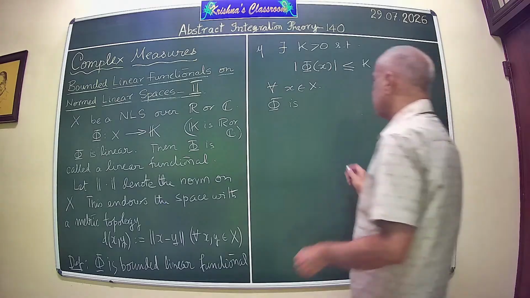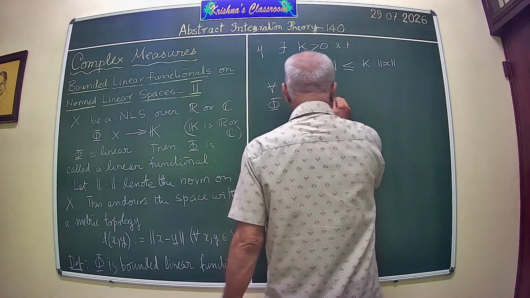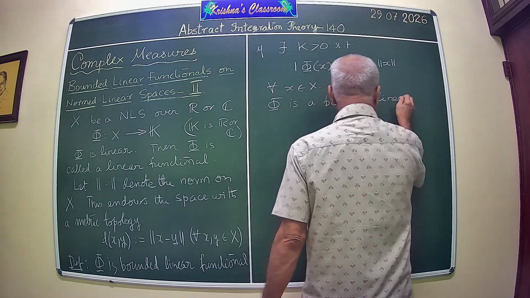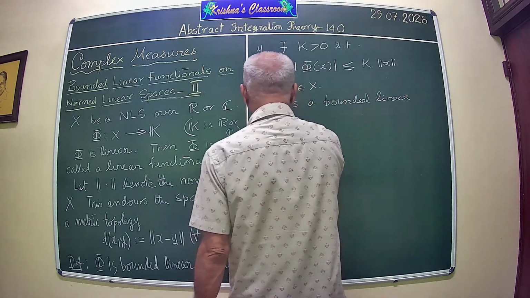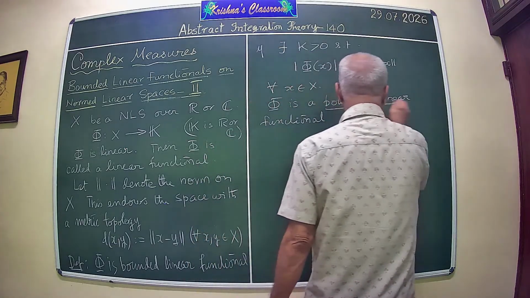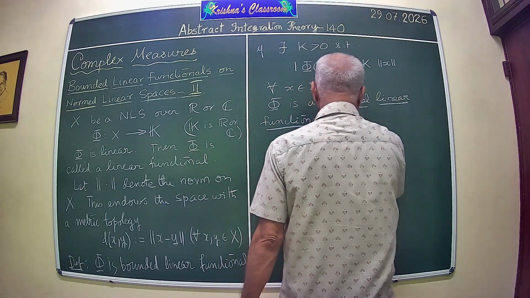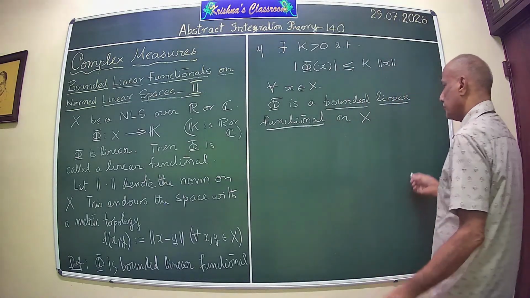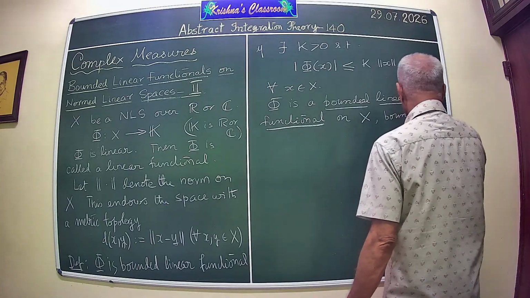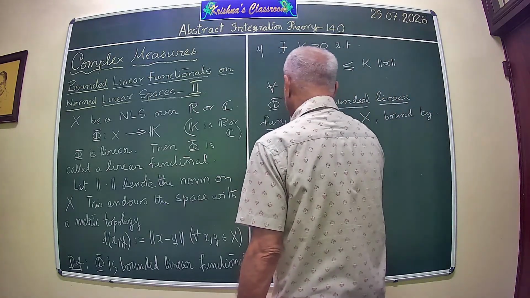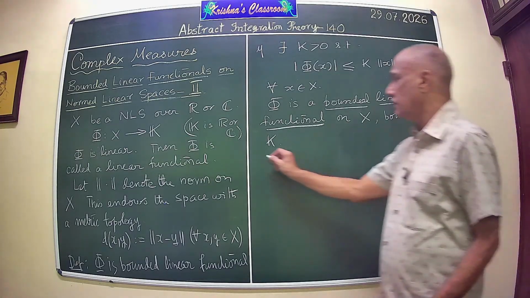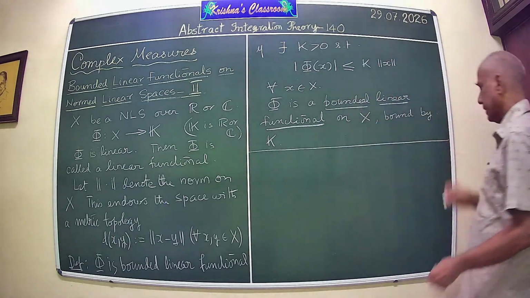So phi is a bounded linear functional on X, bound by k. So this is the basic thing.